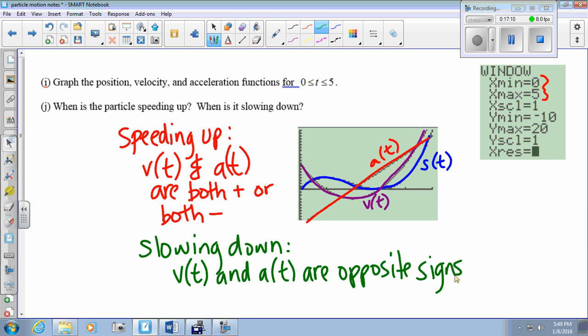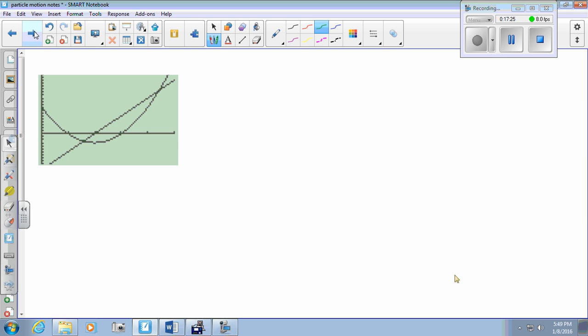Instead of trying to do this from the graph showing on this screen, I have hidden the graph of S of t, the position graph, because for speeding up and slowing down, we only need to look at the graph of velocity and acceleration. Anywhere that those graphs cross the axis is a place where either velocity or acceleration changes. So at time 1, time 2, and time 3, one of those graphs will hit the axis.